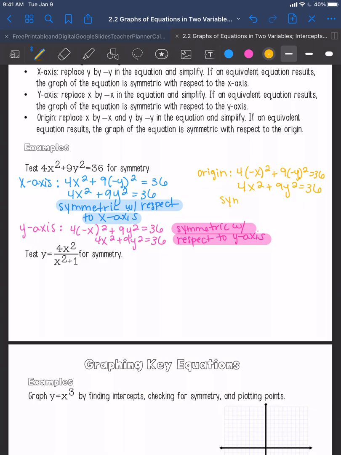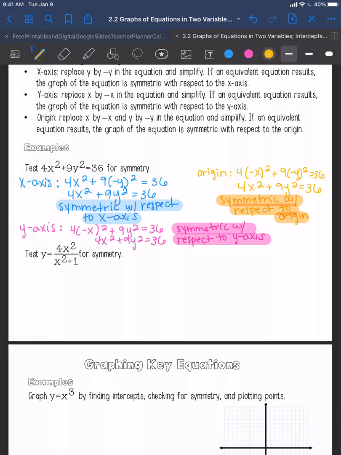So this graph is also symmetric with respect to the origin. So it has lots and lots of symmetry because this is the equation of an ellipse.